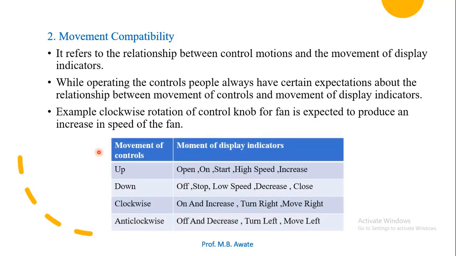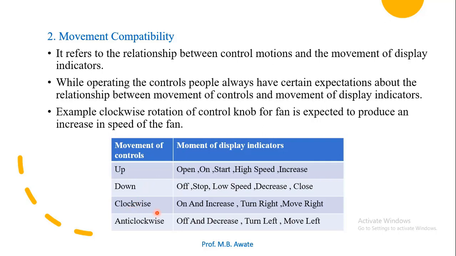So we have listed some of them, like movement of controls and movement of display indicators. If movement of control is in the upward direction, what is the movement of display like? It will open, or it will get on, it will start, or it will go to a higher speed, or it will increase. And suppose movement is in the downward direction, so it will switch off the machine, or stop the machine, or reduce the speed, or it will close.